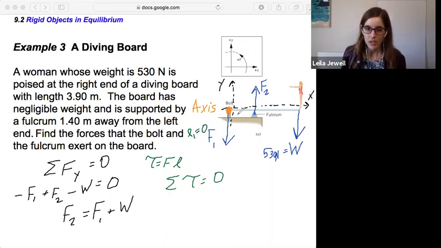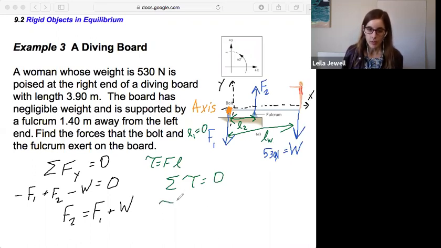Awesome. Then we could draw in a lever arm for force 2. So I could call that L2. And then also for the weight. And that's going to be L sub W. And now when we sum up the torques, we'll use those parameters.